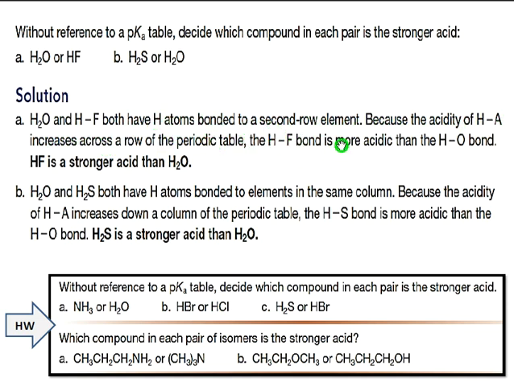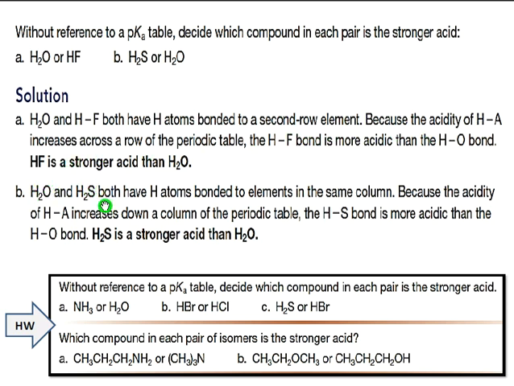So HF is more acidic than H2O, because F is further to the right in the periodic table than oxygen, and fluorine is more electronegative than oxygen.